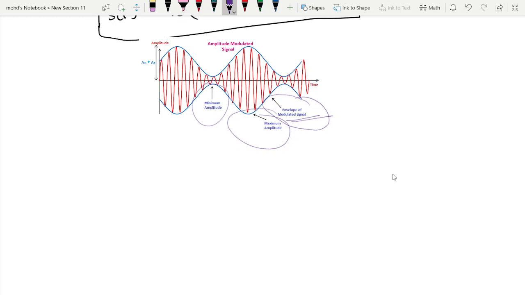Now we have the modulation index, and as we discussed, the modulation index is basically Am by Ac, and it describes how the amplitude of the carrier signal and the message signal affects the amplitude of the AM wave. The modulation index can be either greater than 1, equal to 1, or less than 1.